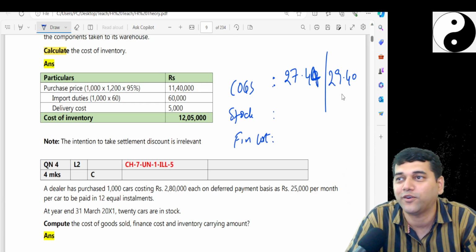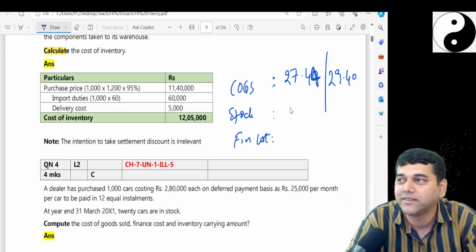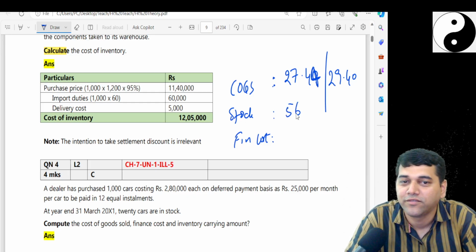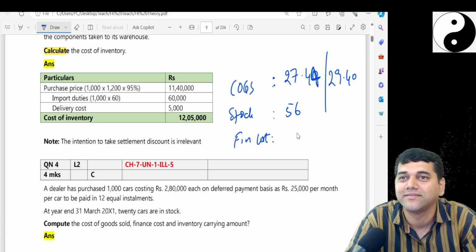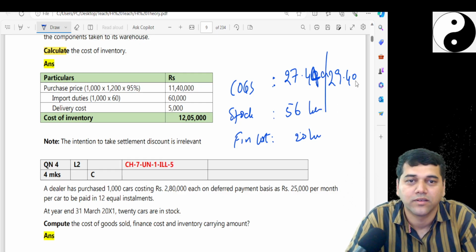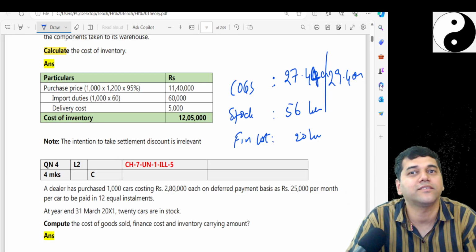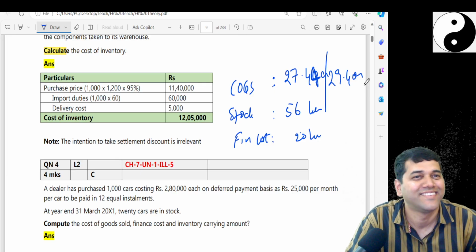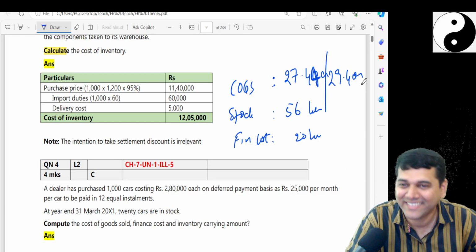Any other number for COGS? Okay, inventory 56 lakhs, and finance cost 20 lakhs. Yes, others got these numbers? No? Okay, let us check now.